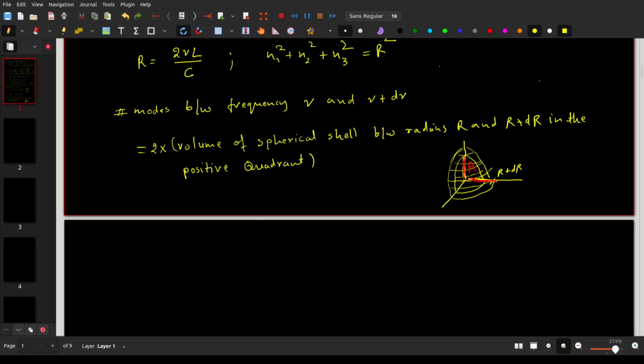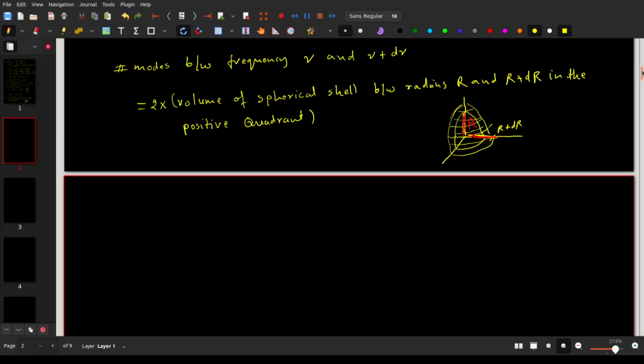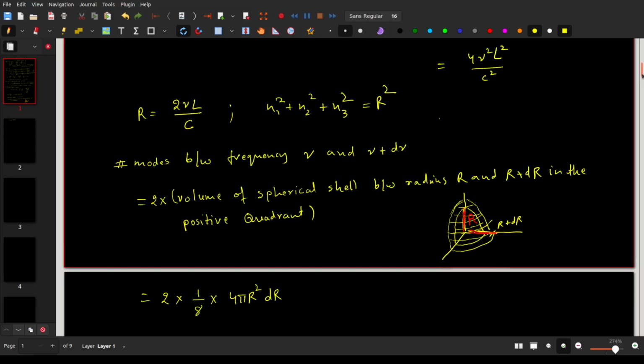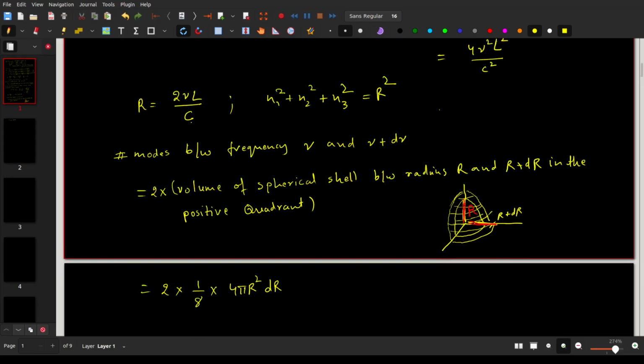So this will be equal to twice, since we are considering only the volume in the positive quadrant, 1 by 8 times the volume of the spherical shell between r and r plus dr, which is 4 pi r square times dr. But r, as we know, is 2 nu L by c.